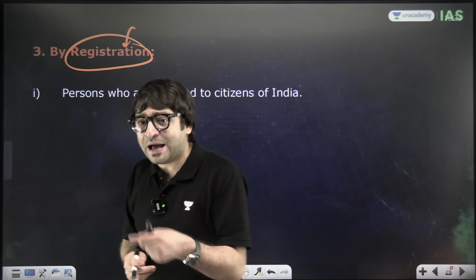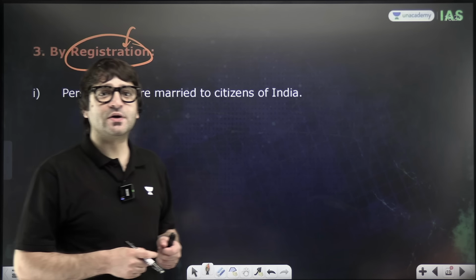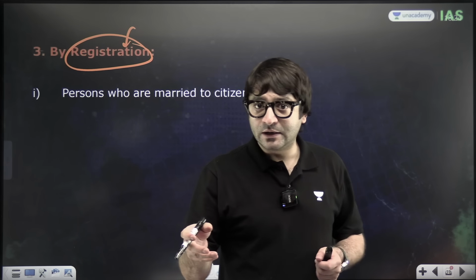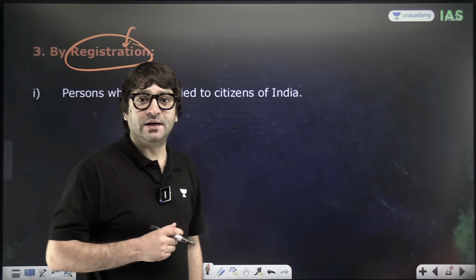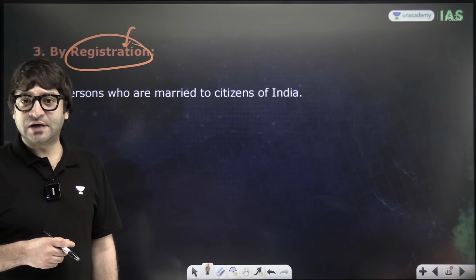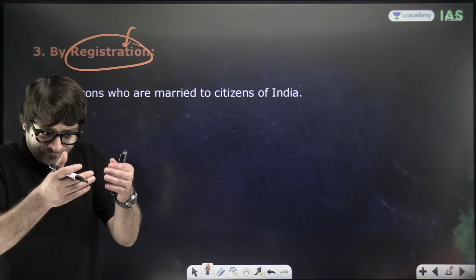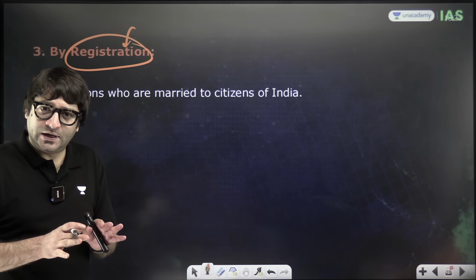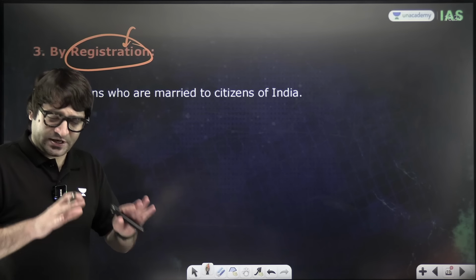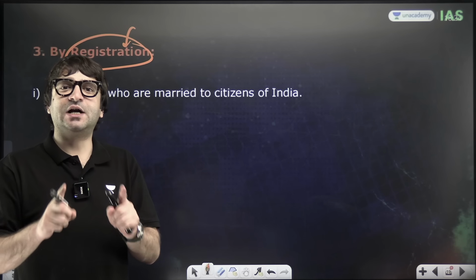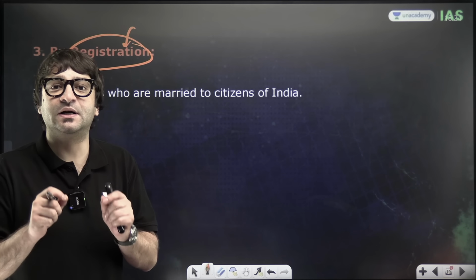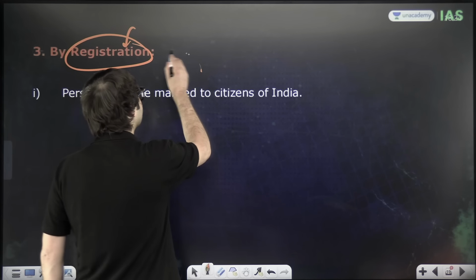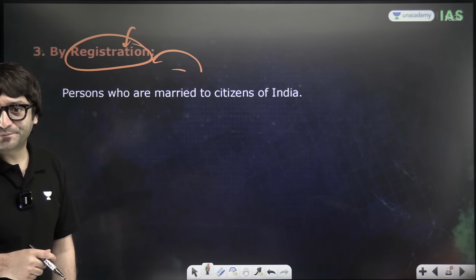Similarly, if you are married to an Indian, for example, Sonia Gandhi, not born in India, not born to Indian parents outside India, but married to an Indian, Rajiv Gandhi. If you want, come to India, marry, stay in India for 7 years. After that, you will become eligible to become an Indian citizen. How? By registration. This is the third way.